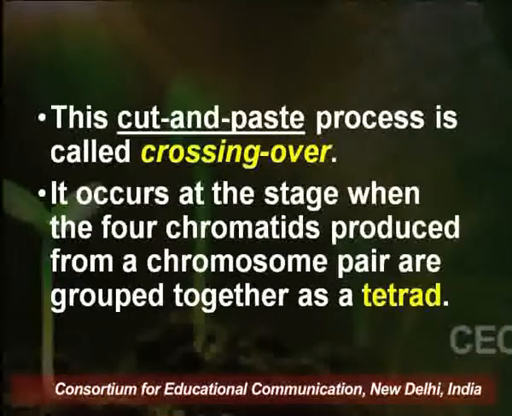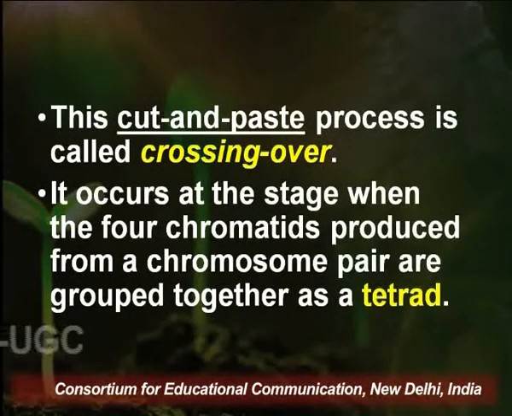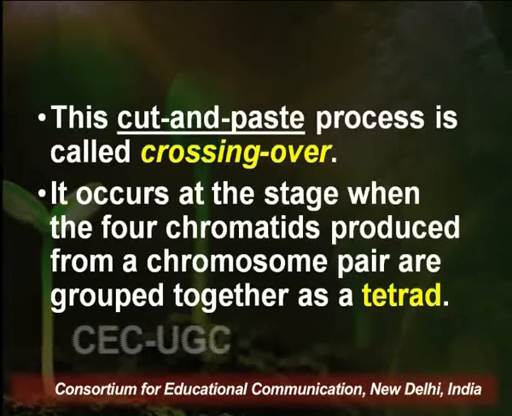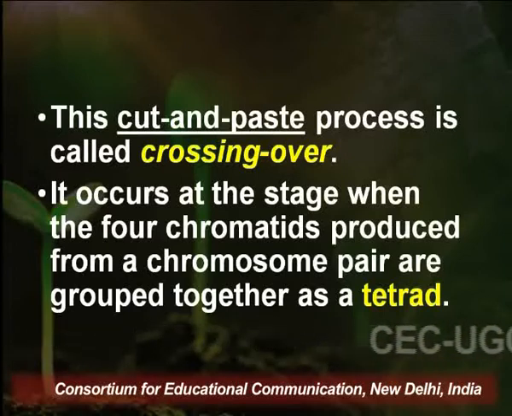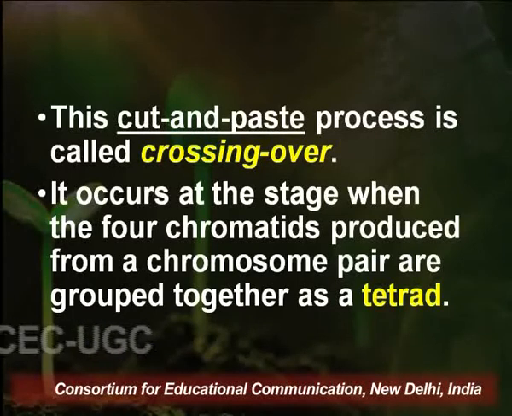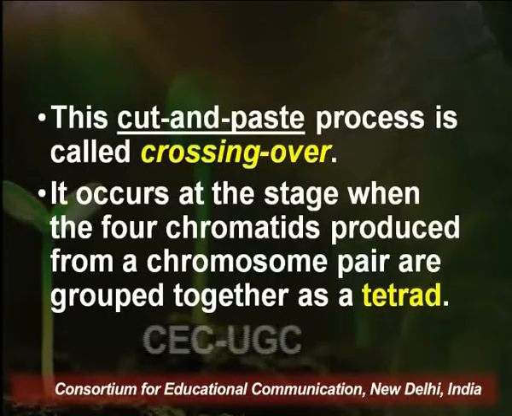So learners, it is precisely this cut and paste process of the fragments of the chromatids which is called crossing over. And when does crossing over take place? It takes place when there are 4 chromatids produced as a result of the duplication of a chromosome pair, and it is quite customary to call this group of 4 a tetrad.